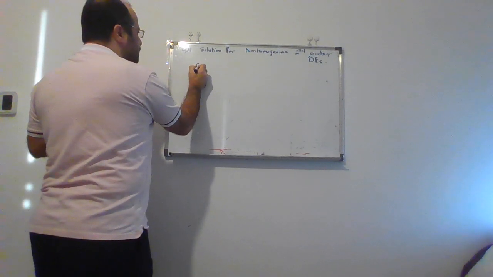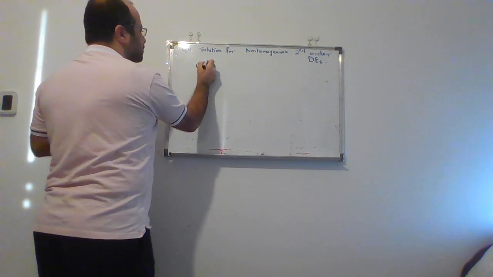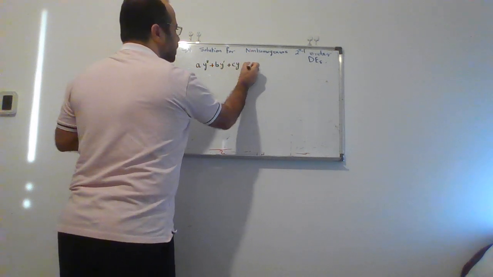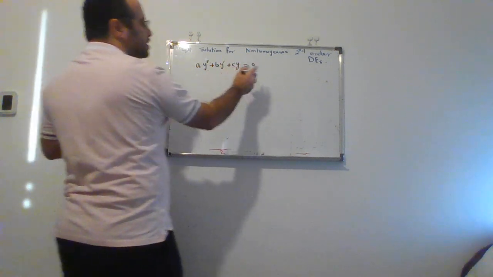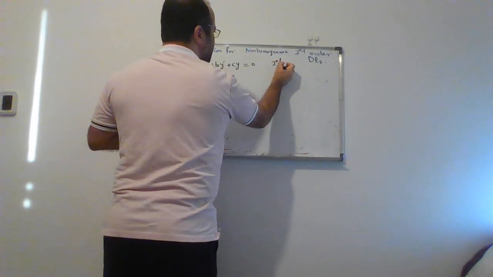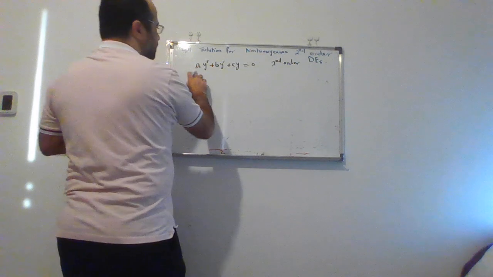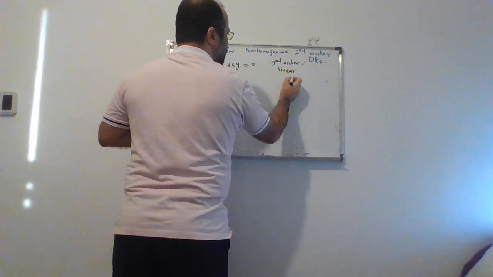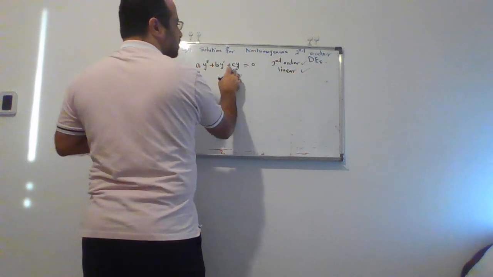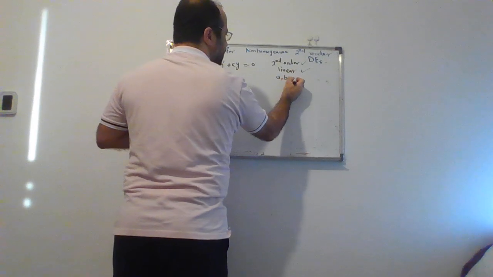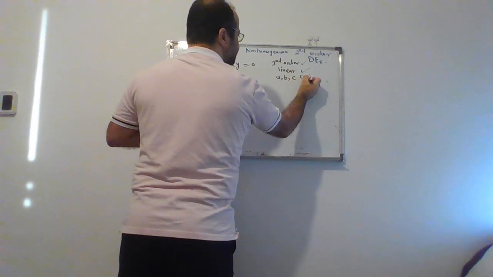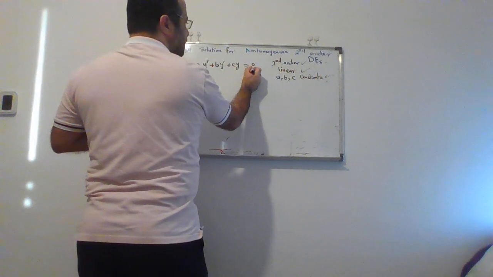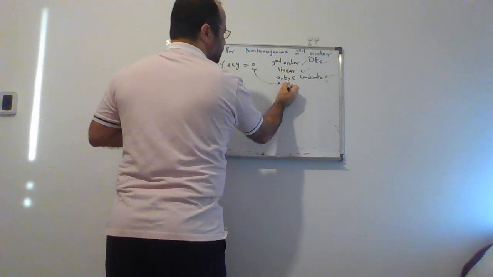So last time we did something like this: ay double prime plus by prime plus cy equals 0. And we said what is special about this: it is second order, it is linear, it has constant coefficients, a, b, and c are constants, and the last thing is that zero here, the zero here gives me homogeneous.